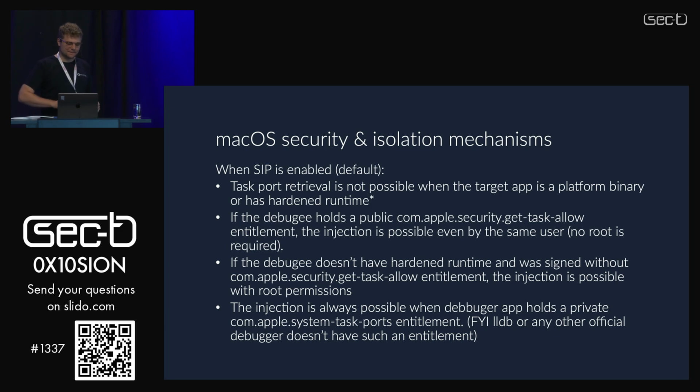But that's also complicated. It sometimes exists on production, so if you ever will be pen testing any macOS apps, make sure that this entitlement is not present. If the debuggee doesn't have hardened runtime and was signed without the get-task-allow entitlement, the injection is possible, but you need root.